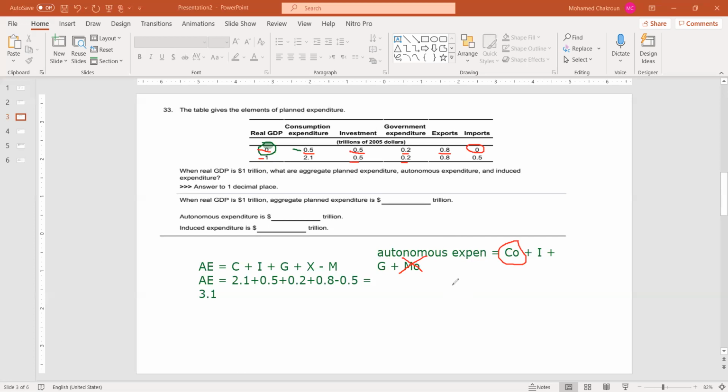So autonomous expenditure is equal to 0.5 plus 0.5 plus 0.2 plus 0.8. It's equal to $2 trillion.